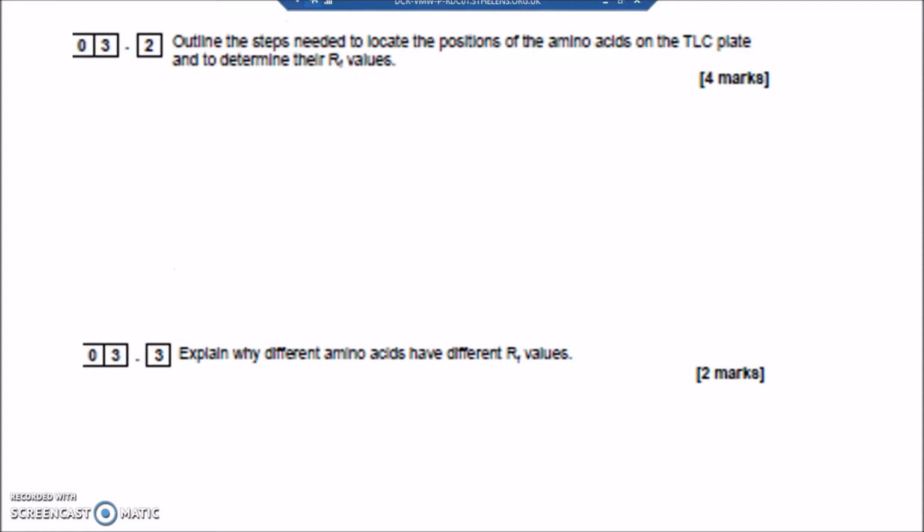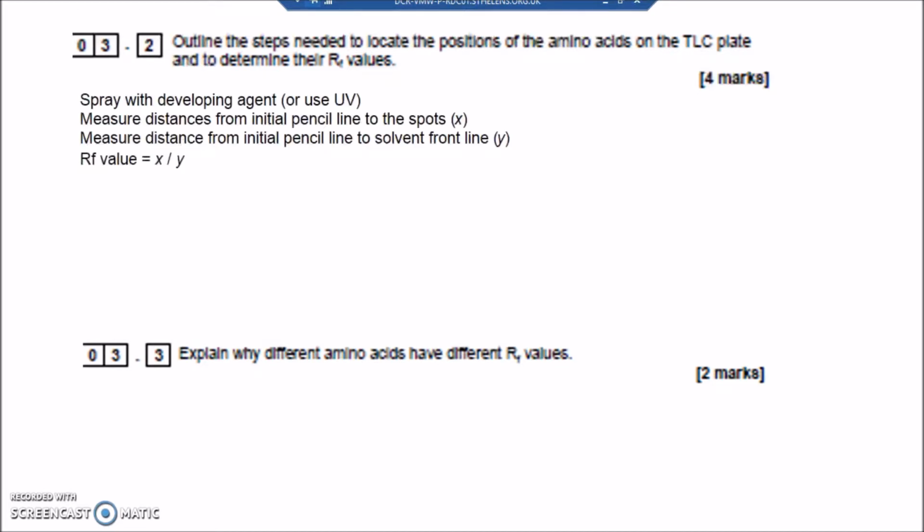Outline the steps needed to locate the positions of the amino acids on the TLC plate and determine the RF values. Well, you're going to have to spray it with some kind of developing agent, or you can use ultraviolet light. So we use something called ninhydrin, which means that the amino acids show up on the plate, and therefore you can work out where they are, and then measure their heights and measure the height of the solvent front and calculate the RF values.